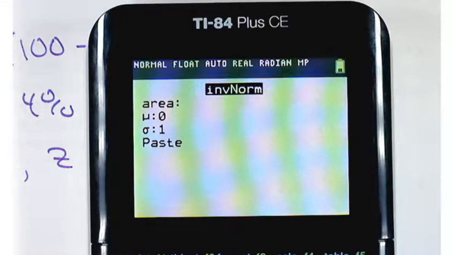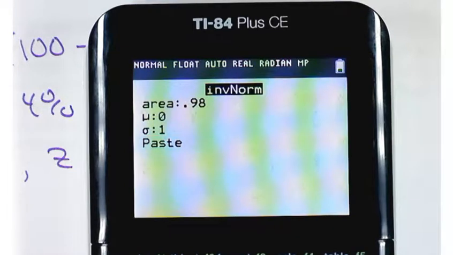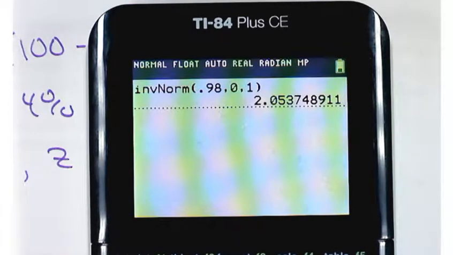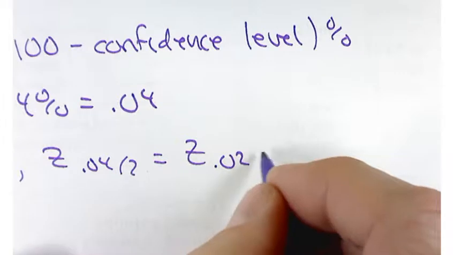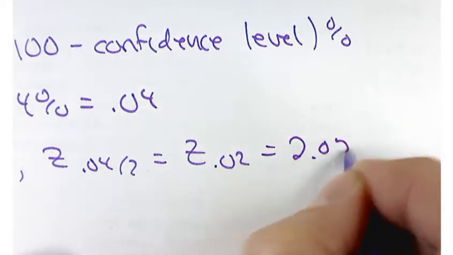If I want 2% of the area in the right tail, how much is going to be in the left tail? 98%. So we'll type in 0.98. The mean of this distribution is 0. Its standard deviation is 1. So you should get about 2.0537. Okay, great. So Z sub alpha over 2, Z sub 0.02, is 2.0537.